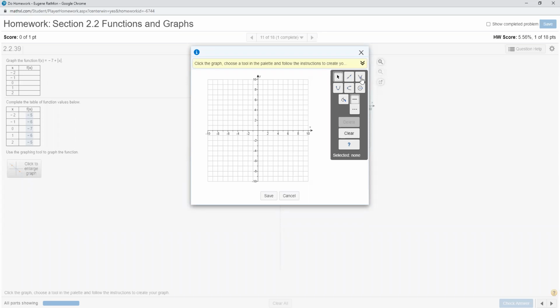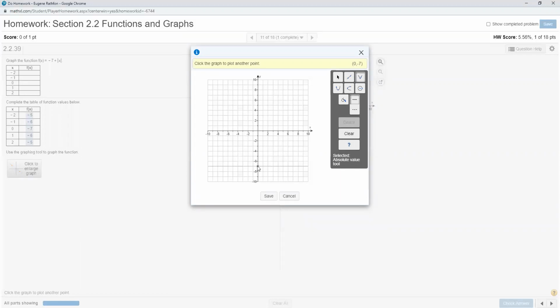This one says it's an absolute value tool. So click it. Now remember, the first point you got to plot is the center point, which is this 0, negative 7. So we're going to go to 0 and then down to negative 7, and hit enter.